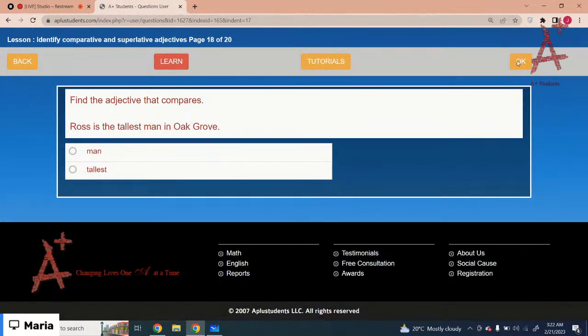Find the adjective that compares. Ross is the tallest man in Oak Grove. So which is the correct option? Man, tallest. The correct option is tallest.